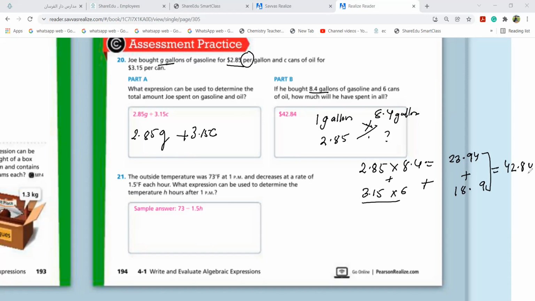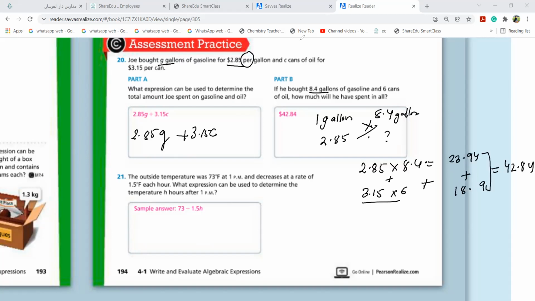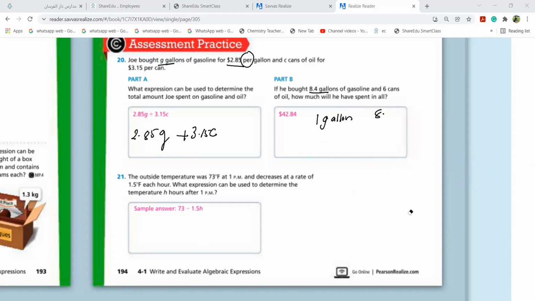This is the answer. Do you understand? Simple, girls. Don't write all this, just write this equation first: 2.85G plus 3.15C.